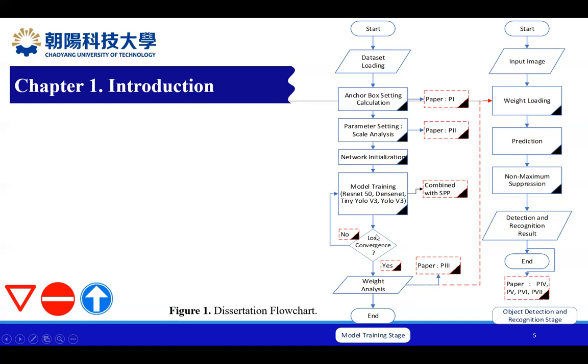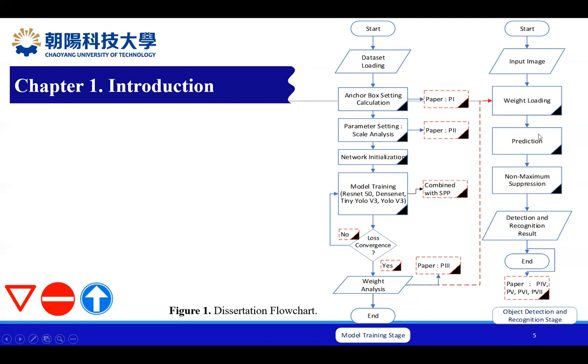I train until the loss converges. After that, we will get the weights, and we will use these weights in the second stage for the object detection and recognition. Of course, we start by inputting the image and loading the weights, the result from the training stage.